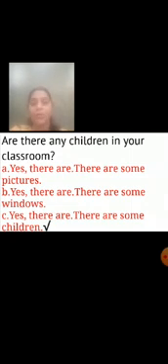So, for countable things and for uncountable things, for both, we use the word some. Now, can we count the children? No. So there are some children. There might be 50 children. There might be 60 children. Okay. So we are not counting the number of children. We have just written there are some children. But children are there in the class. Yes or no? Now let's see the next question.